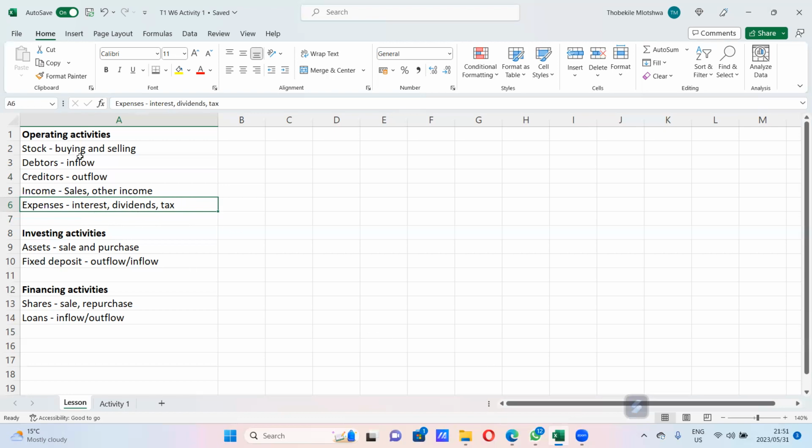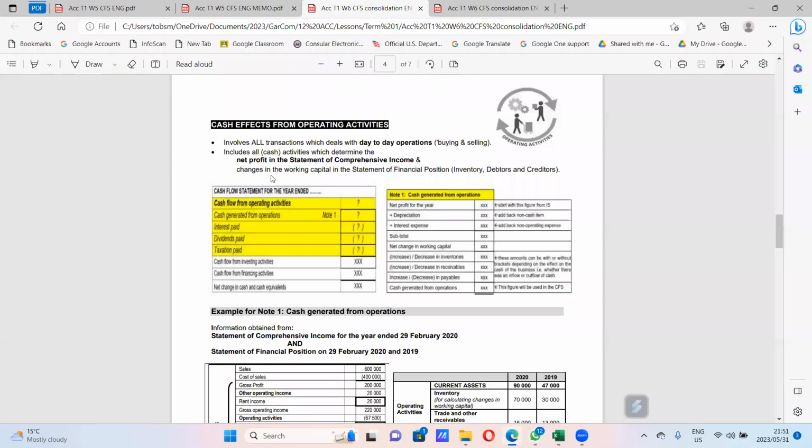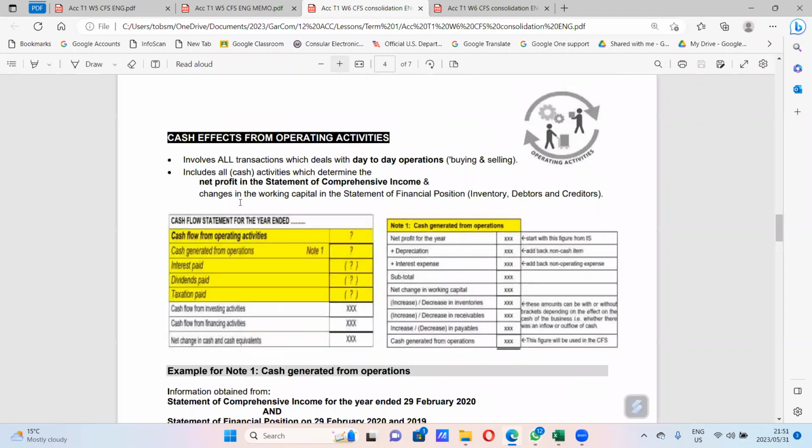So now we are still going to stick to cash flow from operating activities. This is the formula for cash flow from operating activities. You have cash generated from operations. This comes in the form of a note where you have the net profit, you add depreciation, you add interest expense, you get the subtotal.